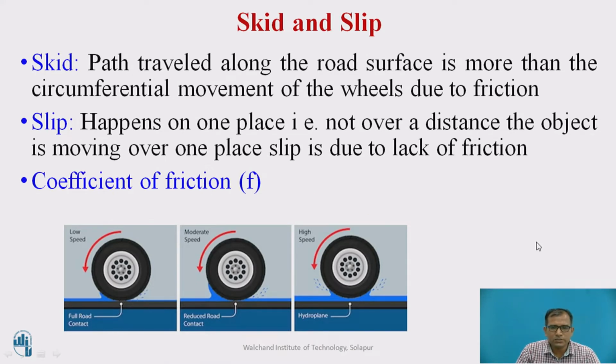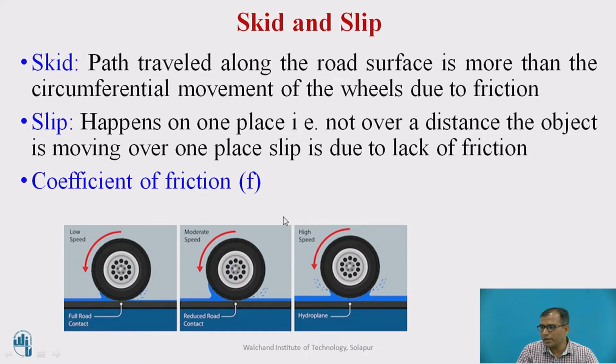Another two important parameters are skid and slip. Many of us get confused about what is skid and what is slip. Here the path traveled along the road surface is more than the circumferential movement of the wheel due to friction.